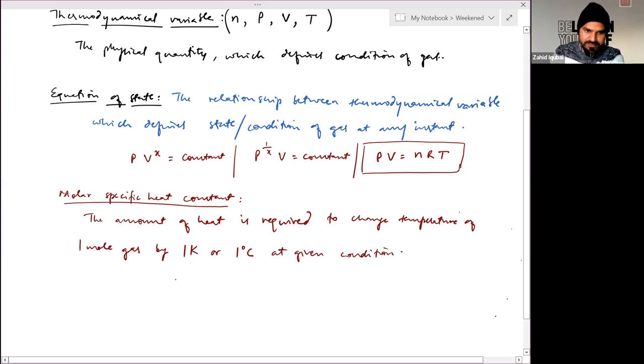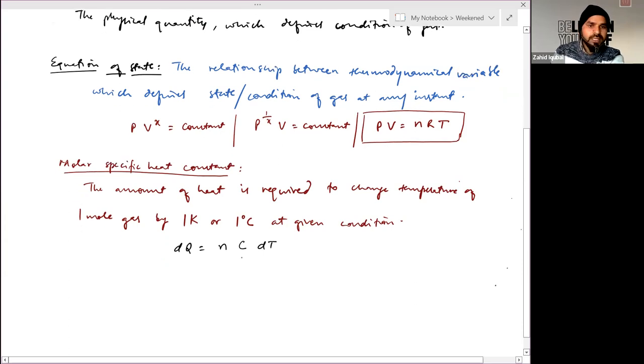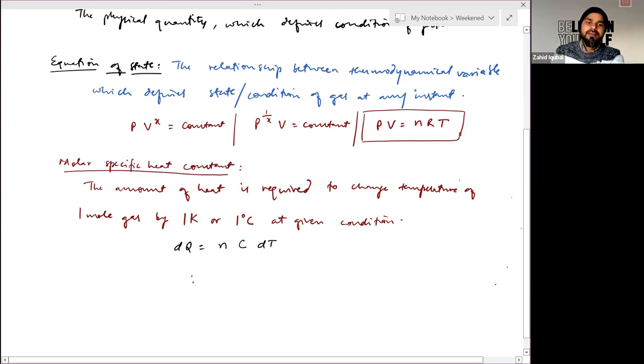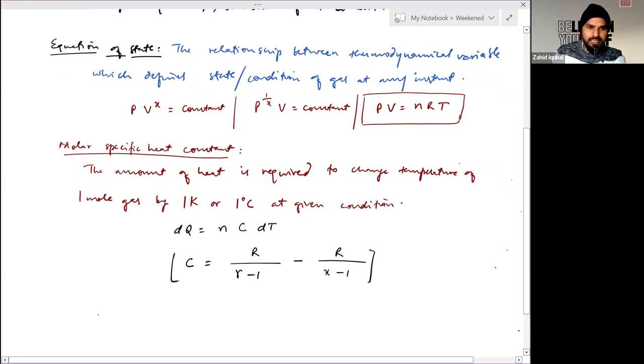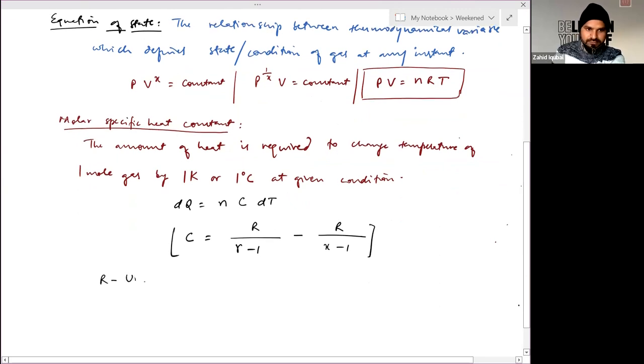So we can define dQ equals to number of moles times C times dT, where this C is called molar specific heat constant, which may also be written as C equals to R divided by gamma minus 1 minus R divided by x minus 1. In this particular expression, R is the universal gas constant. You must have learned about it in your chemistry.